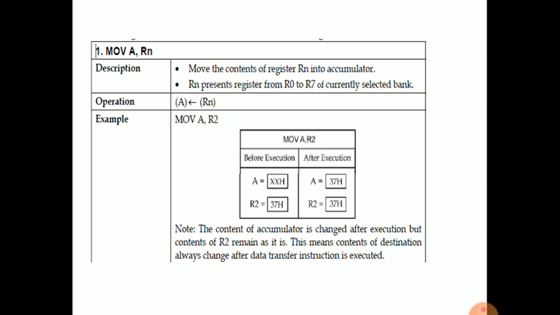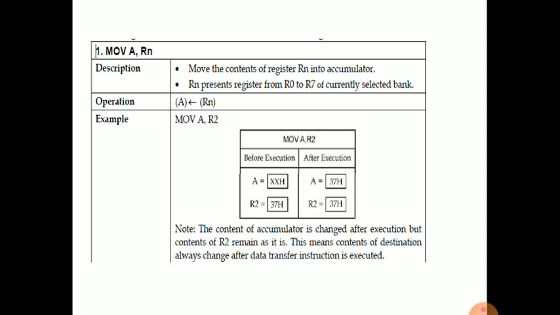An example, if you see the table: MOV A, R2. Here we have taken the R2 register. Before execution, let us assume A has XXH, that means some random number already available in the accumulator register. And R2, which is the source register in this instruction, has the content 37H. That is before execution.